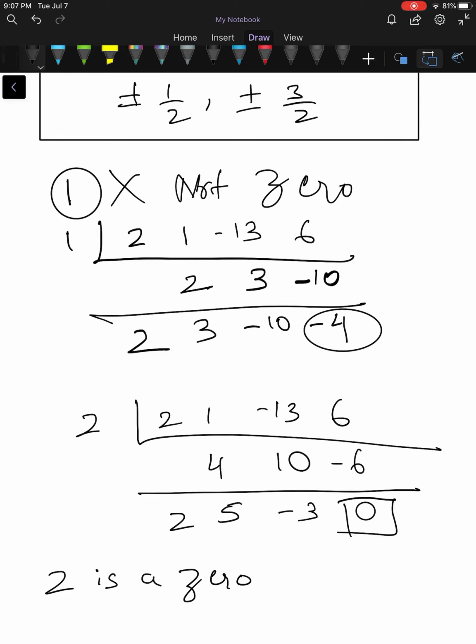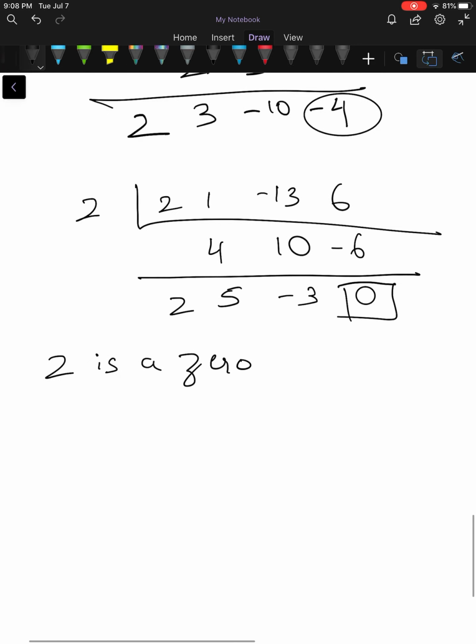From the last synthetic division, we see that 2 is a 0 of p. Therefore, as instructed, you are asked to write the polynomial in factored form.